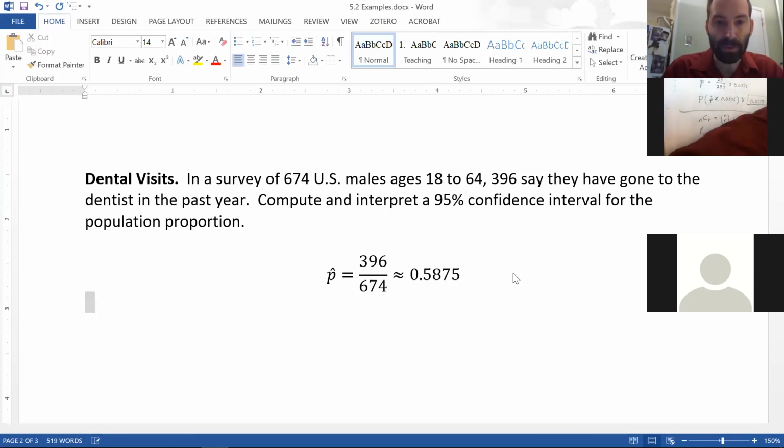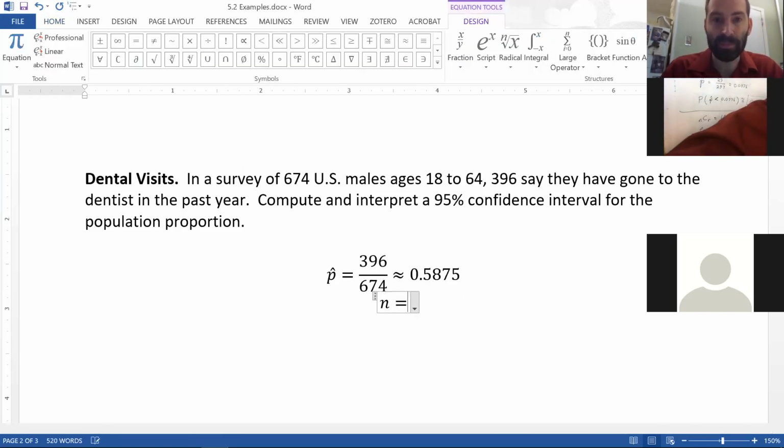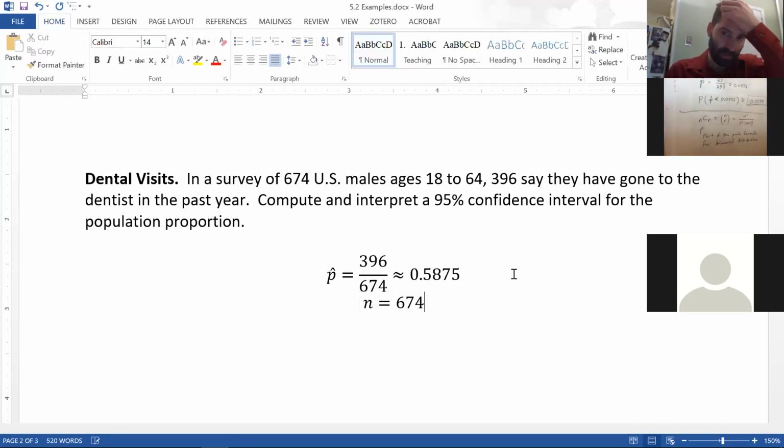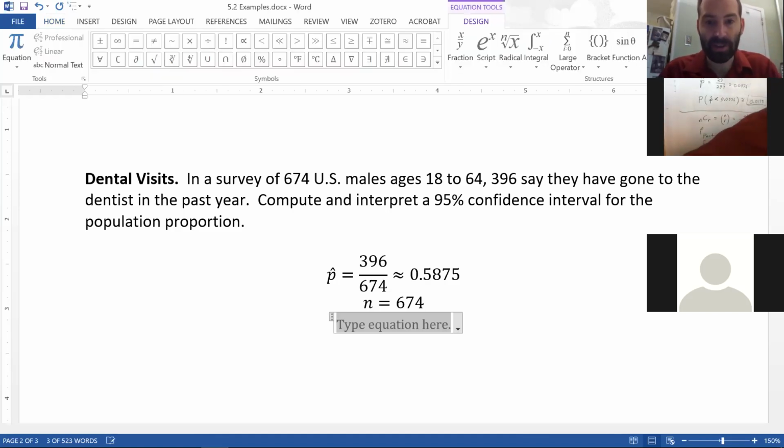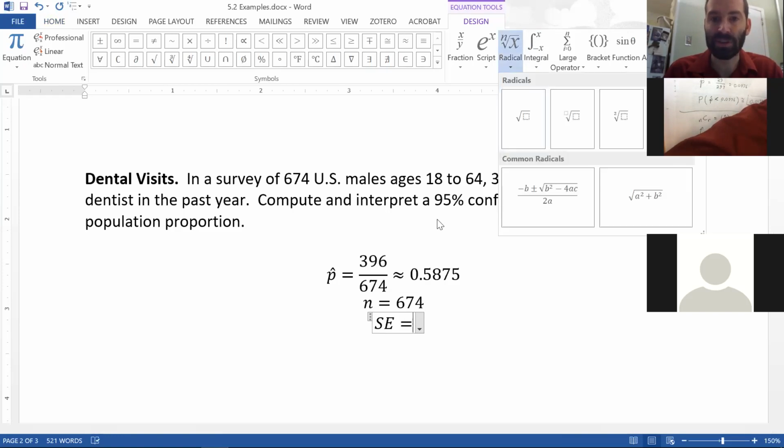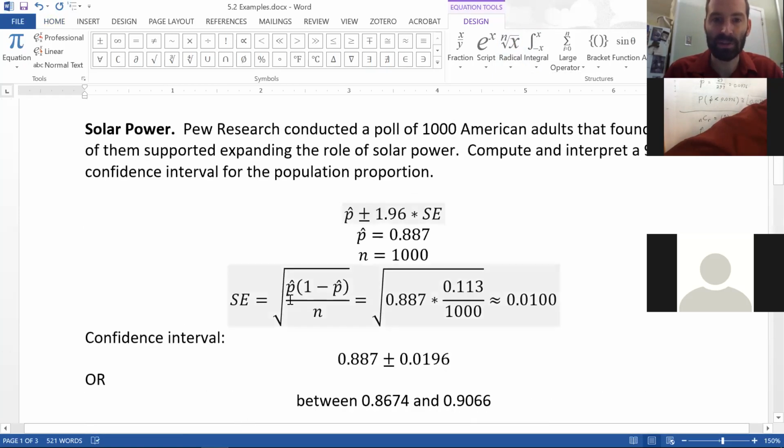What's n in this problem? Well, that was my denominator there. n was the sample size, 674. I'm going to need my standard error. The standard error is given by the square root. Let me just copy it from above to save some time here.